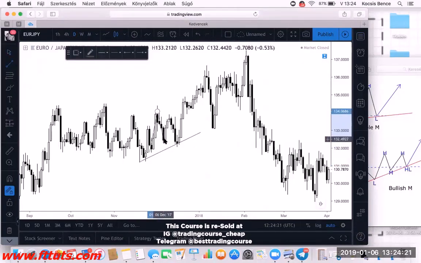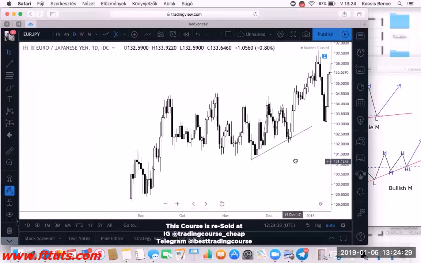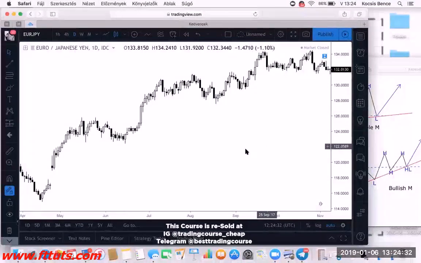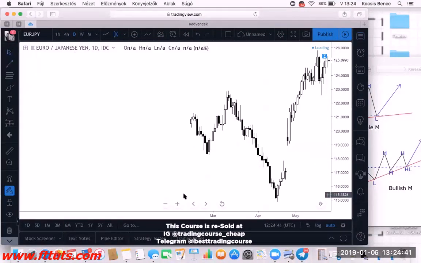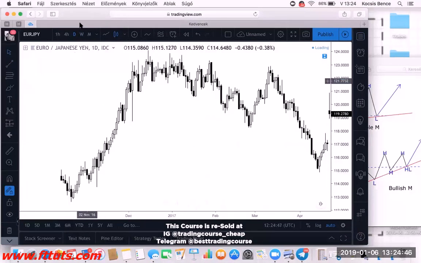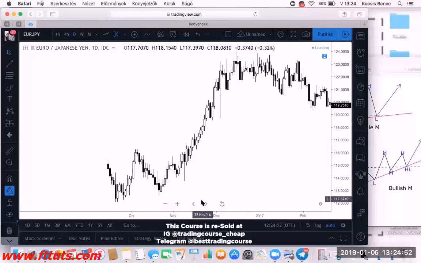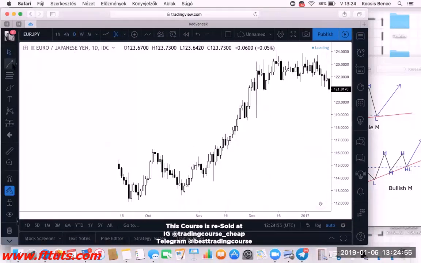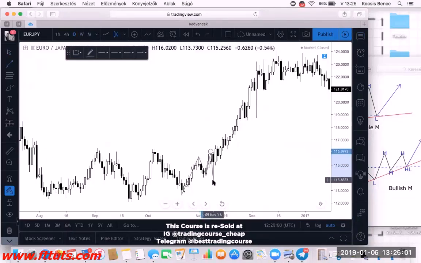Up, down, up, down. This is the big bullish M. Up, down, up, down.